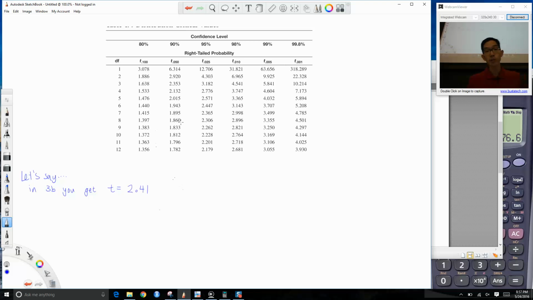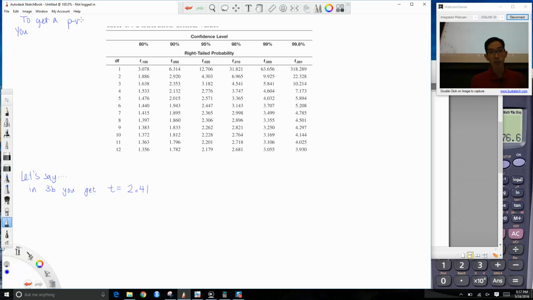We're going to look up 2.41 in this table, but we first need to figure out how many degrees of freedom we have. I'm saying you've done all the other work: you got your standard error, plugged it in to get your test statistic, and at the end of step 3b you get a test statistic of 2.41. Now we are trying to go from the test statistic to a p-value.